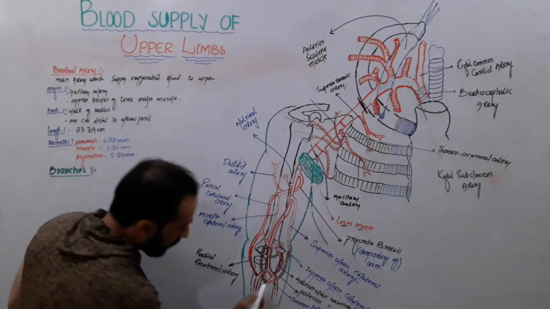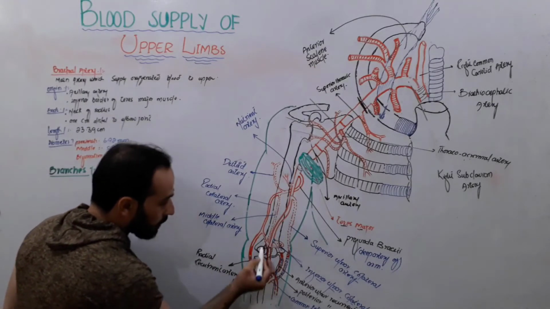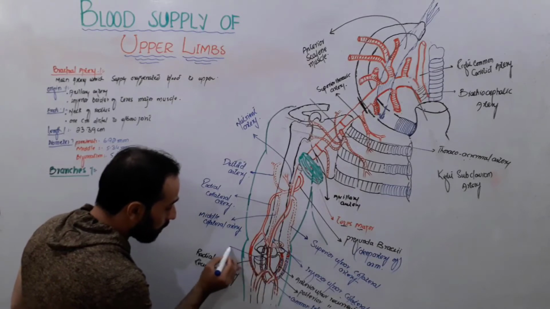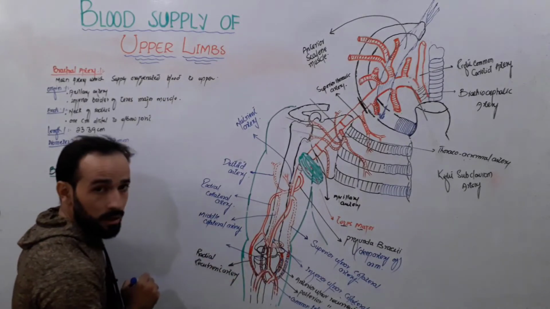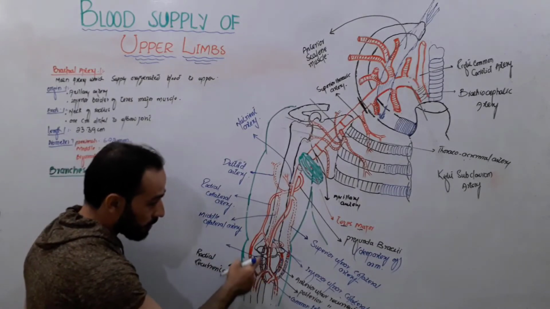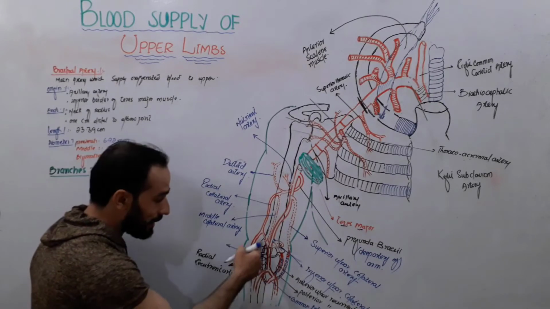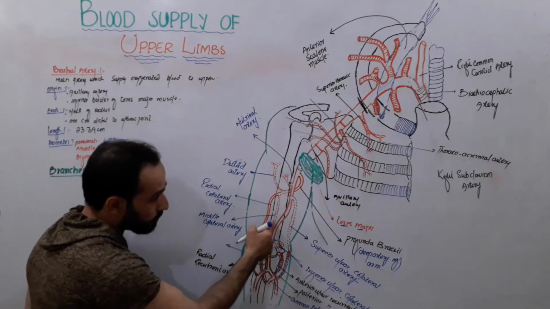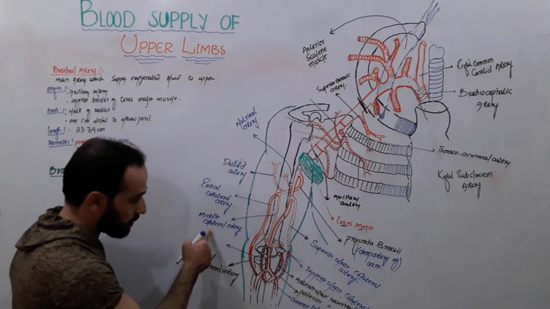Look, this recurrent artery is a branch of the common interosseous artery. So that's why we name it the interosseous recurrent artery, and it anastomoses with this middle collateral artery, right?